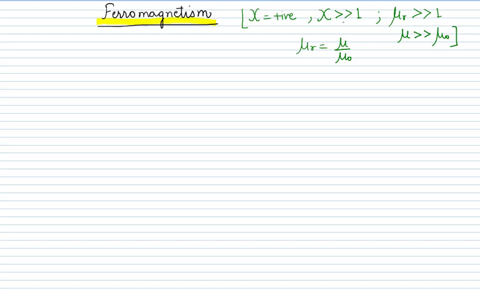So these are the 3 relations we can easily define for susceptibility, relative permeability, and permeability for a magnetic material.